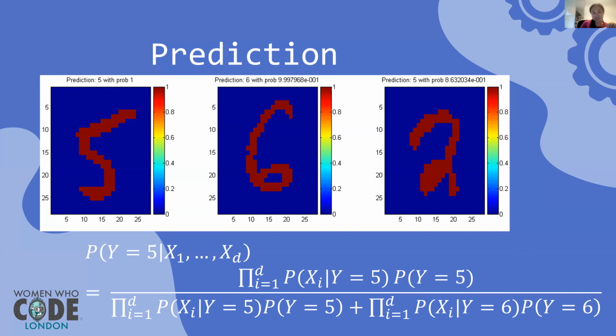Then what we have is the probability of this image on the left side. The probability of this image being 5 is actually 1. In the second one, the probability of this image being 6 is about 99%. And the third image, which is much more complicated, the probability of it being 5 is about 86%.